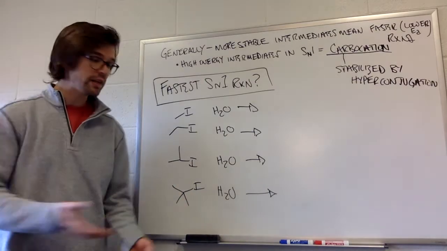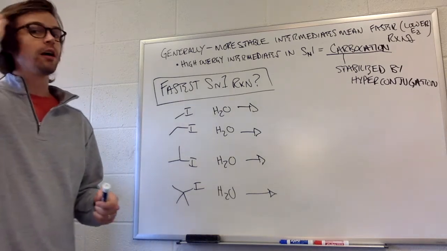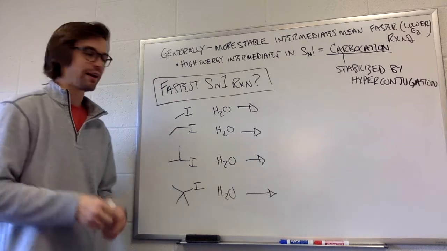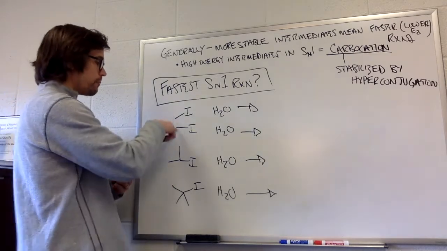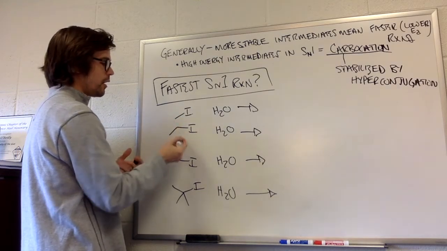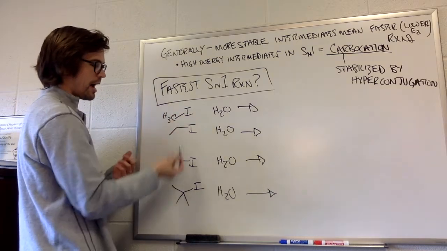All right, so which of these SN1 reactions would we expect to proceed the fastest? And I already mentioned that the high energy intermediate, that carbocation, can't form if it's primary or methyl. So both of these, if we imagine the iodide leaving in both of these cases, we would form a methyl, just a CH3 plus, if that iodide left.